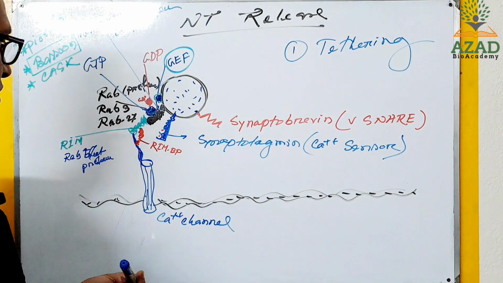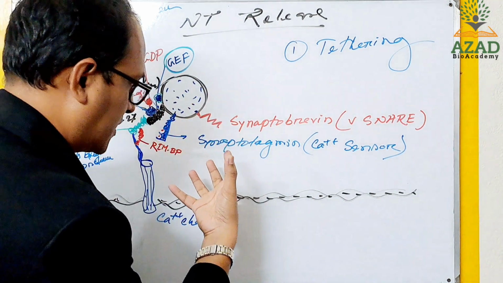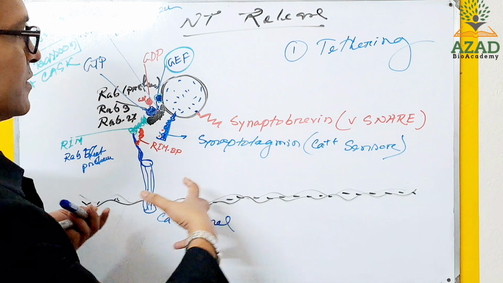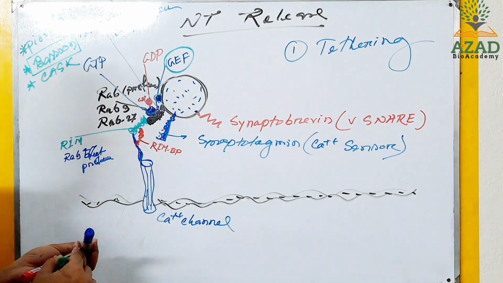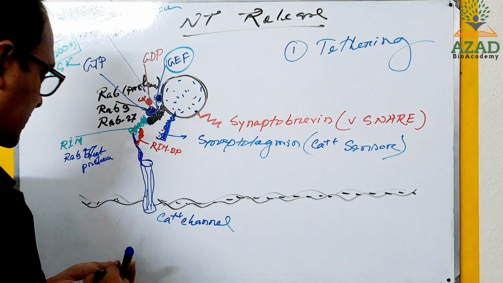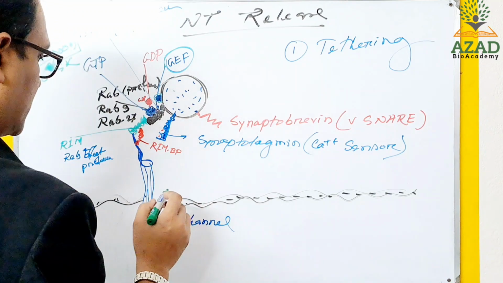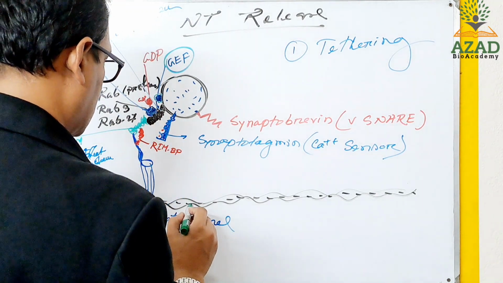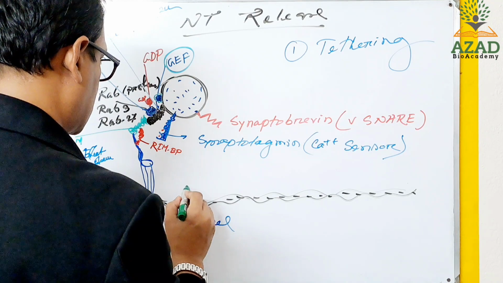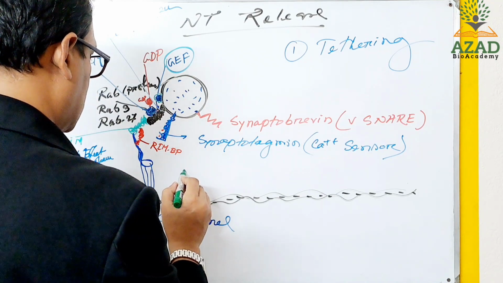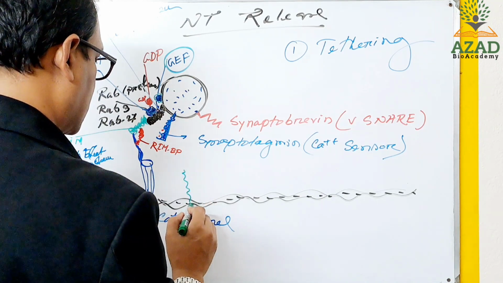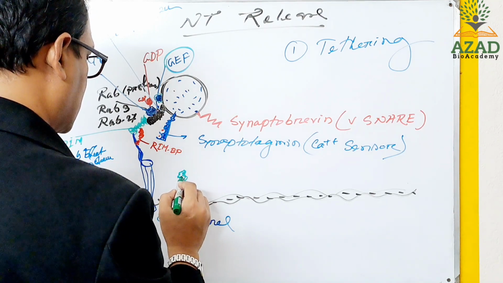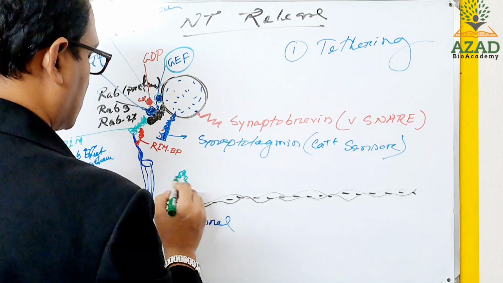Now I have to draw the plasma membrane proteins, some plasma membrane SNARE proteins. The SNARE proteins are basically, one is alpha helical transmembrane.